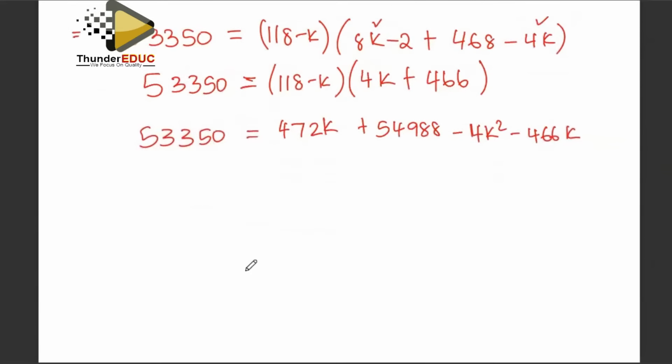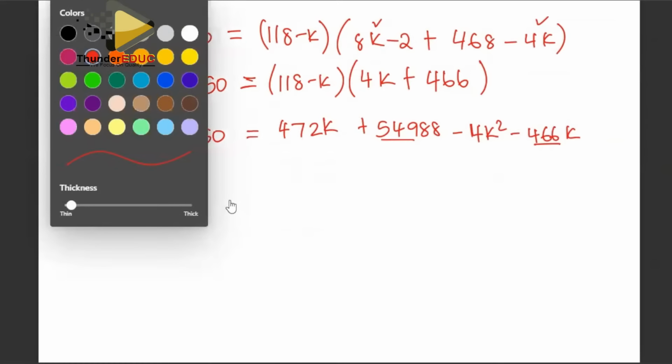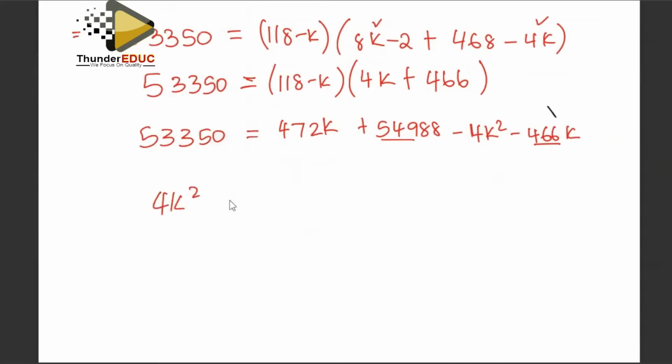Then let's create a standard equation. Move this one that side. It's going to be 4k squared. Then this minus and this one. We said like terms, so it's the 466 and then the 472. So 472 minus 466 is giving me a 6.